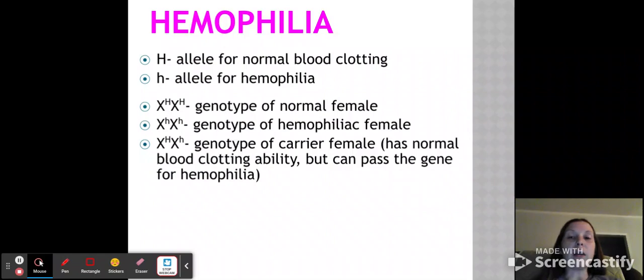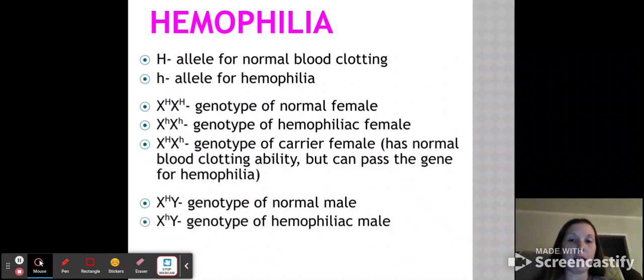If a female has one capital H and one lowercase h, that means that the female is a carrier of hemophilia. So she will actually have the normal blood clotting ability. She will not express this gene, but she can pass it on to her offspring because she has it. And then a normal male would have the X with a capital H, and the hemophiliac male will have an X with a lowercase h.